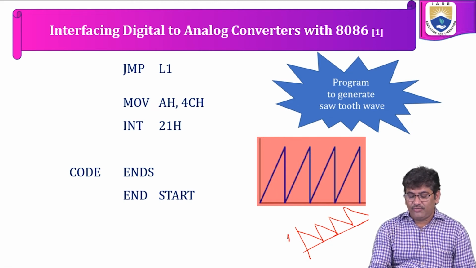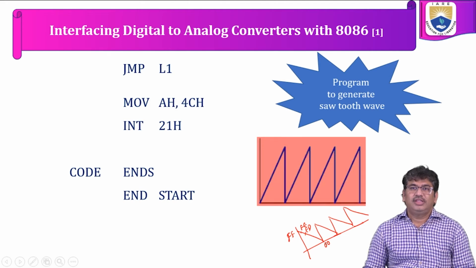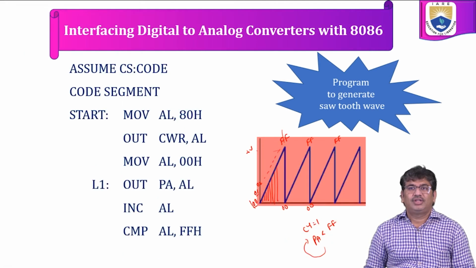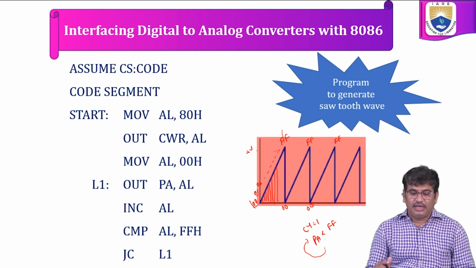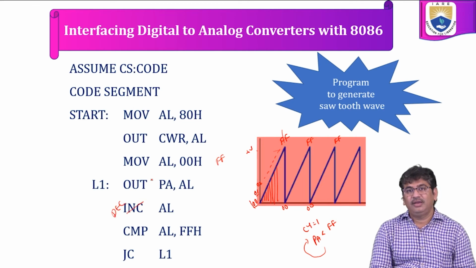So here, the first value we have to send is FF, then we have to send FE, then we have to send FD. Like this, it has to be continued until 00. So in this program, a small modification you can do: instead of writing 00, here you can pass the FF value. Instead of increment, you can write decrement.